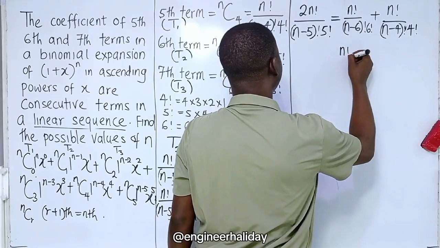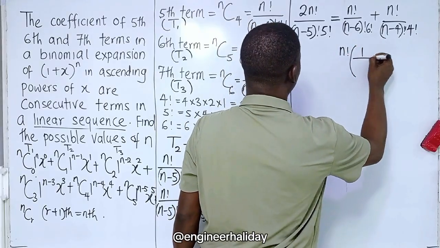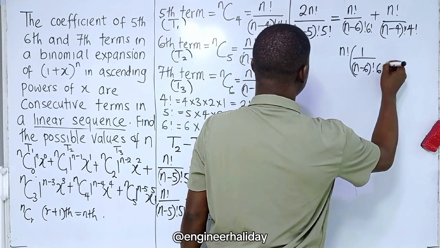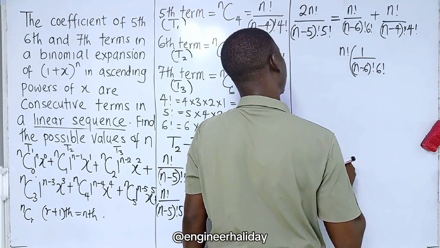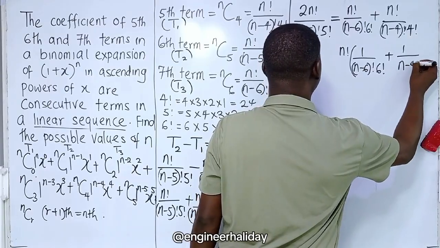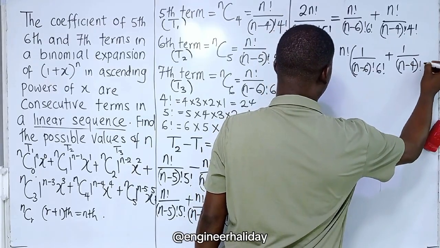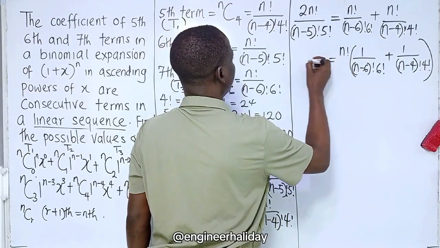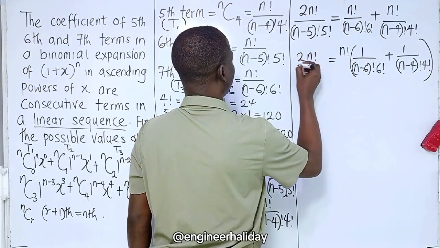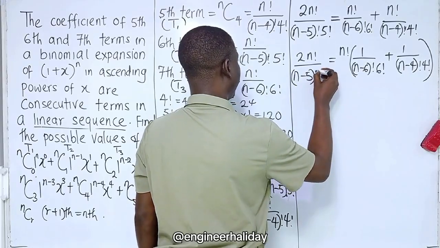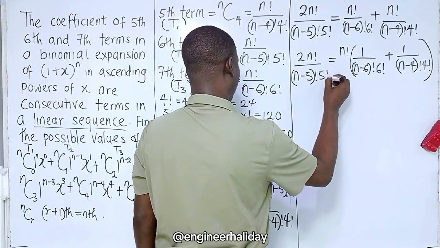You are going to have n factorial times [1 over (n minus 6) factorial, 6 factorial, plus 1 over (n minus 4) factorial, 4 factorial] is equal to 2n factorial over (n minus 5) factorial, 5 factorial.